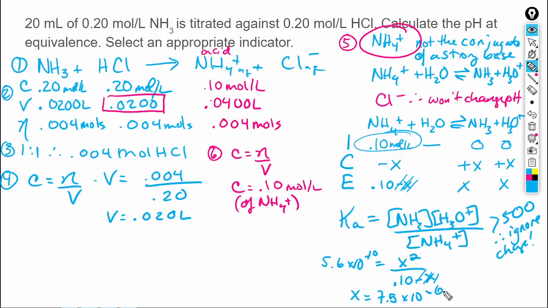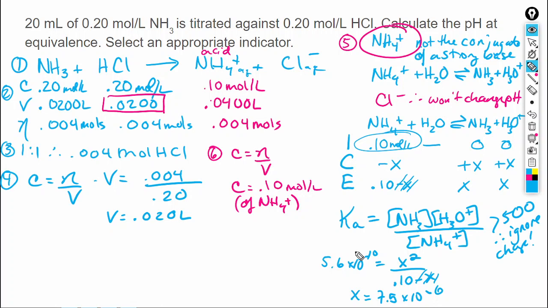Can I have a negative root? No. Question. The initial concentration, like the concentration of our NH4 plus, divided by Ka. Initial divided by your equilibrium constant, or Ka value or Kb value, depending on which one of these you're solving.